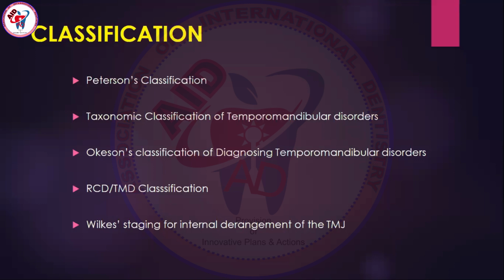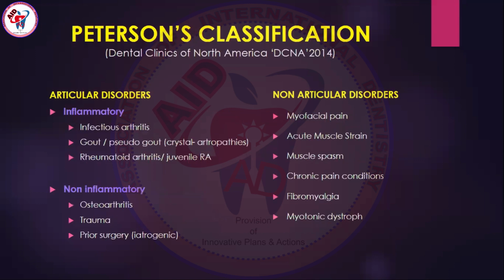Now, these classifications are generally present, and we are going to discuss step by step the Peterson classification. It was proposed most recently, about 6-7 years back. It is universally accepted and more comprehensive. It has divided the classification straightforwardly into two: articular disorders and non-articular disorders. Articular disorders mean any problems within the joint structure, whether inflammatory or non-inflammatory in nature.